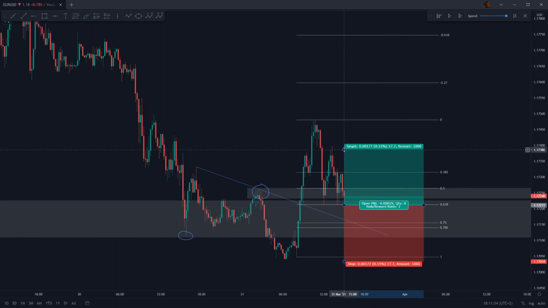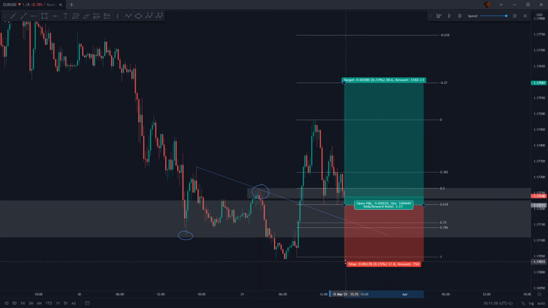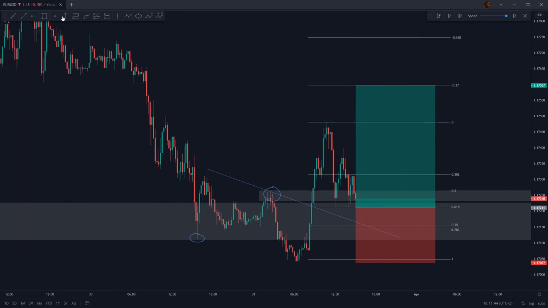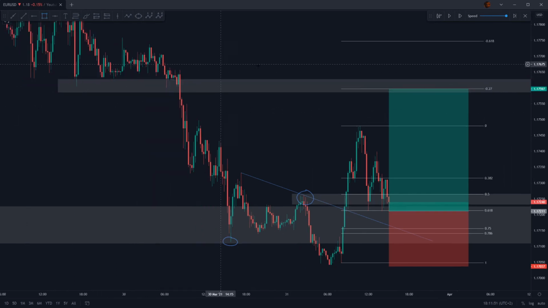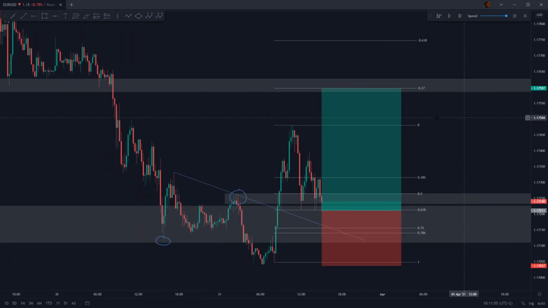So I then drew on my risk to reward tool. I have my target set with my stop loss just under structure and under the fib, and I target the next fib extension and resistance area, which lay up here. So this was resistance, which was in line with my fib extension level.